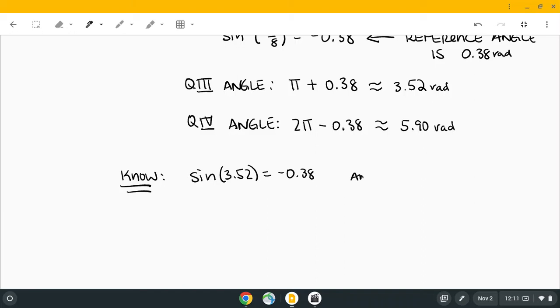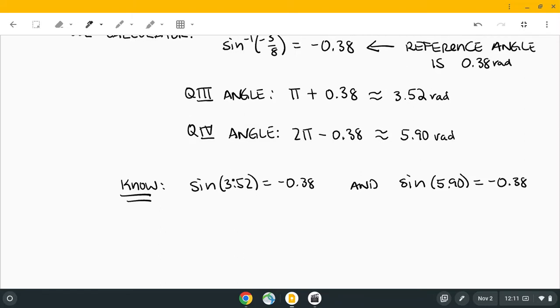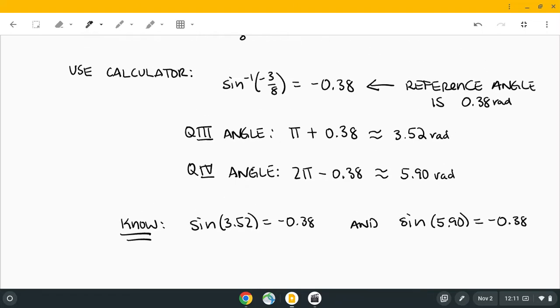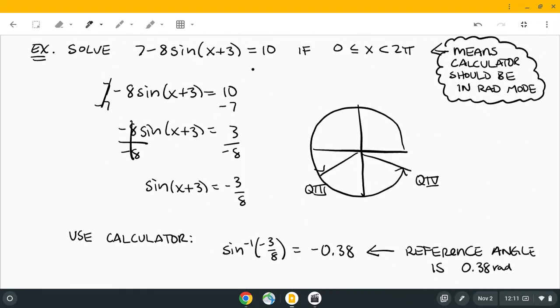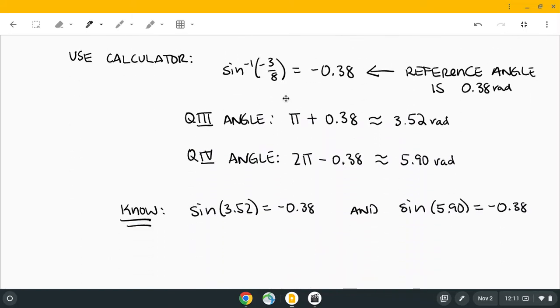And we also know that the sine of 5.90 is equal to negative 0.38, okay? But we don't have x. This is not just x. When we look at the original problem, it's x plus 3, right?